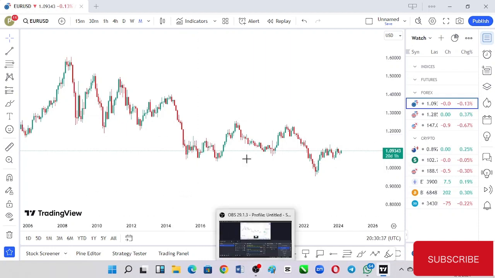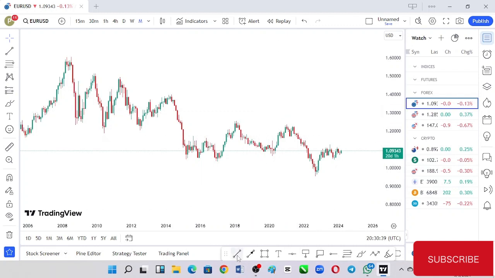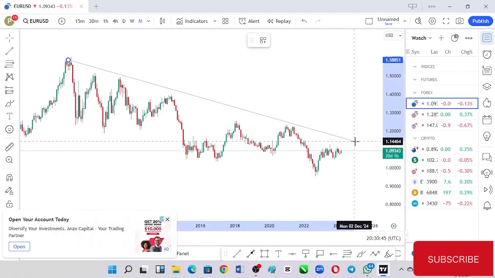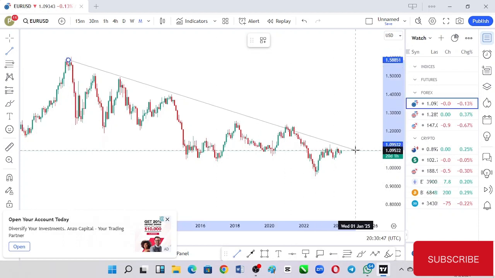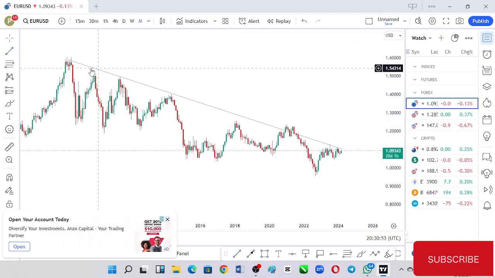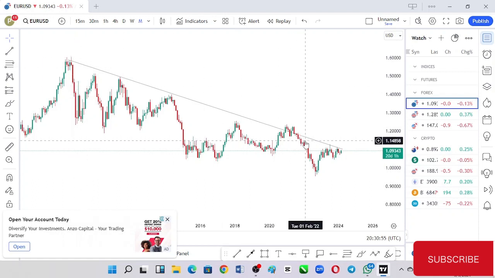Okay, now let's do this from this very point. Okay, hold on. Now you could see that it's a bearish downtrend, right?